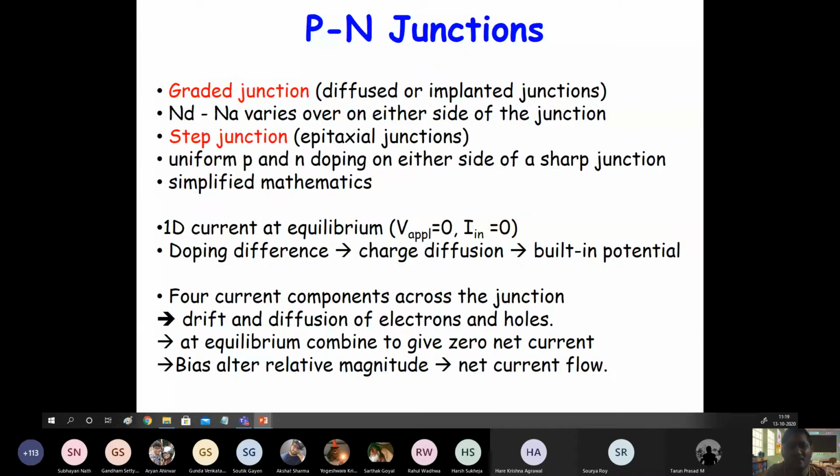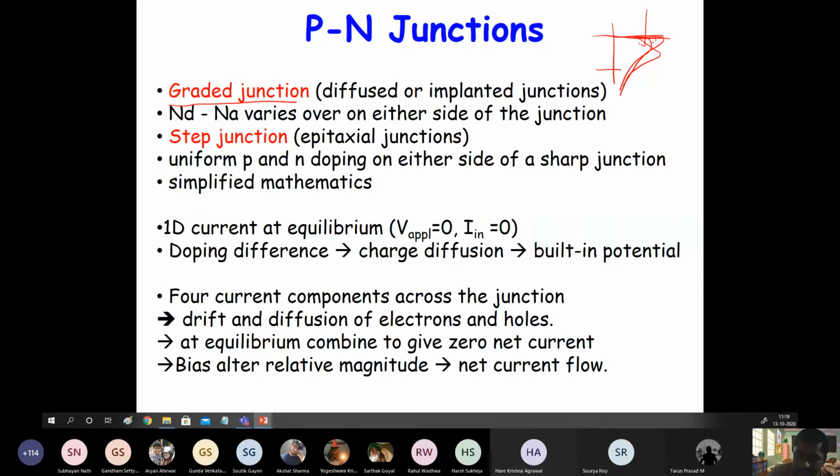Broadly, you can say there are two types of junction. Most of the junctions are actually graded junctions, right? They are usually graded. So when you implant or diffuse, and we have seen when we diffuse, what kind of curve we get, right? So if we diffuse, this is a surface, then you may get some kind of Gaussian distribution with peak at the surface.